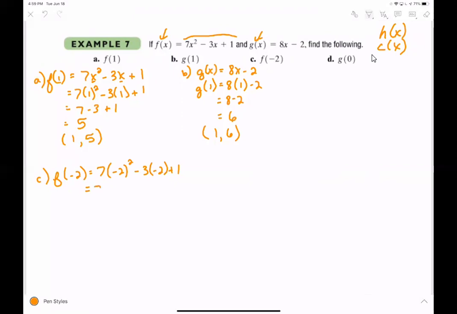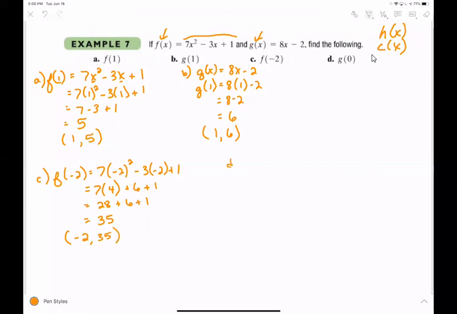So this is going to be 7 times a positive 4. I'm going to multiply a negative 3 and a negative 2 to get a positive 6 plus 1. We're going to do 7 times 4, which is 28, plus 6 plus 1. And then we're going to add all of these up. So 28 plus 6 is 34, plus 1 is 35. So we inputted negative 2, and we got an output of 35.